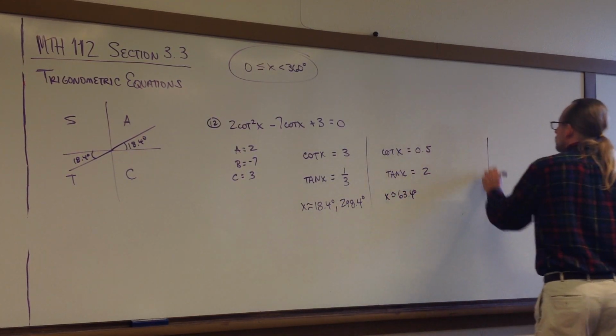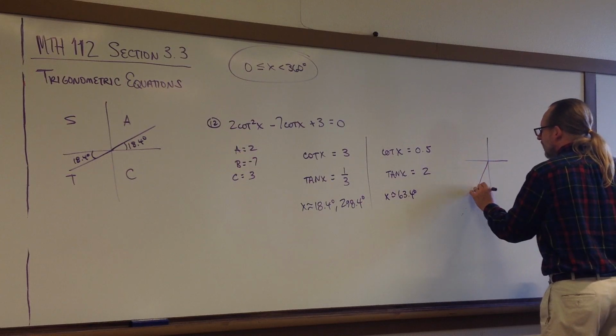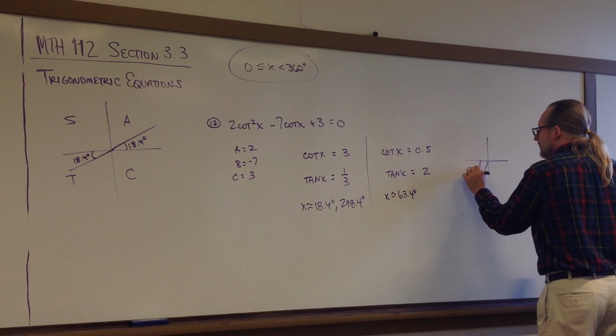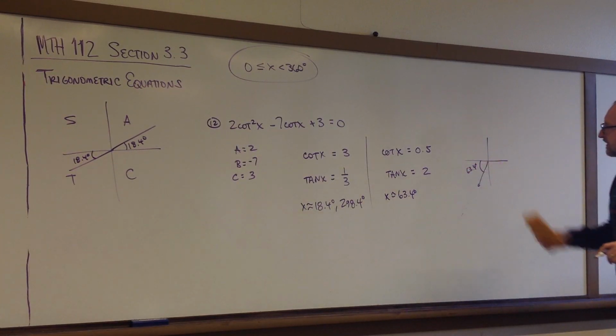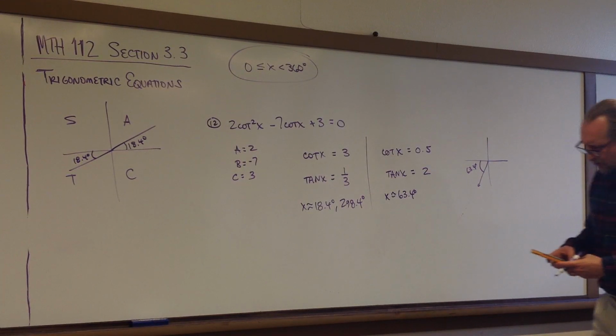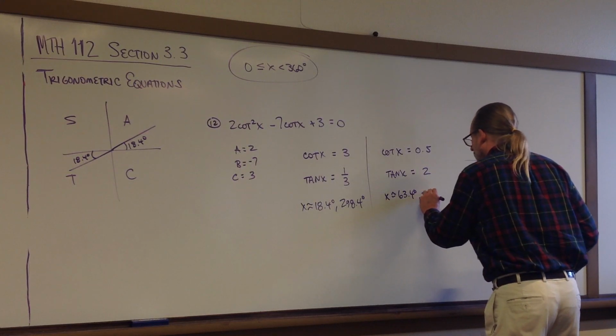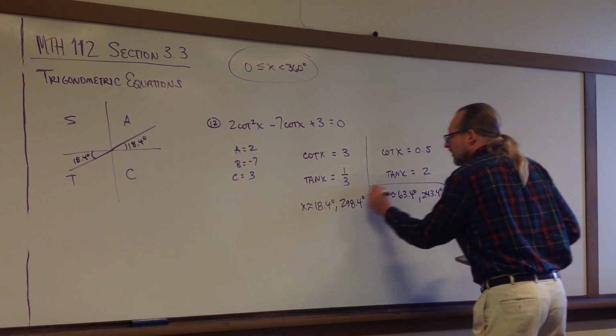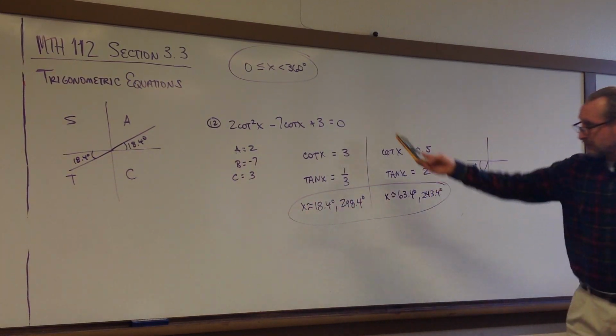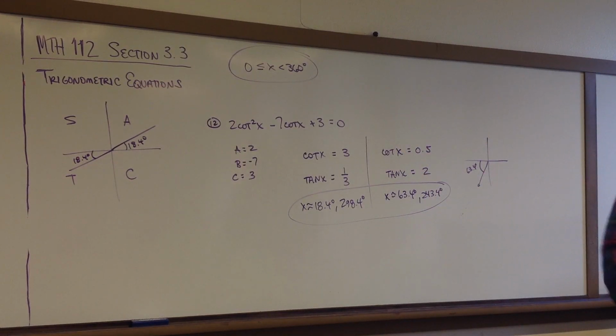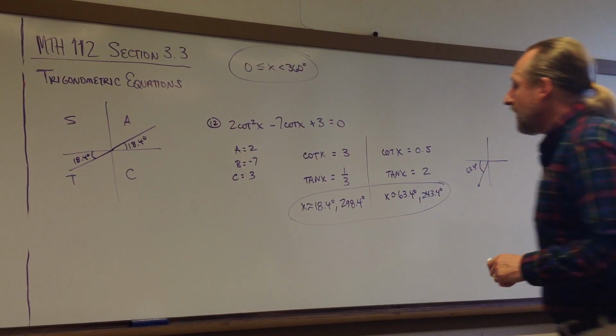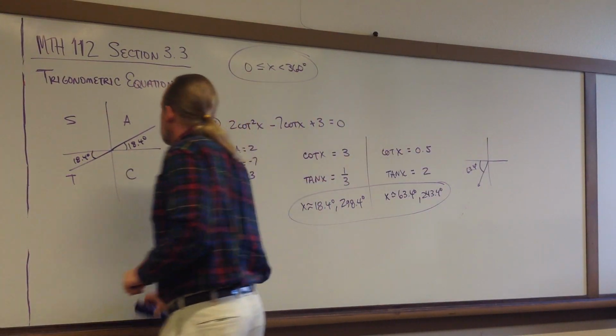And again, this is also positive, and so we want a third quadrant angle with a reference angle of 63.4, and if we add that to 180, 243.4 degrees. So again, we've got 4 answers for this quadratic equation here. All right. Let's see, I think we've got 2 more problems to look at, 14 and 16.